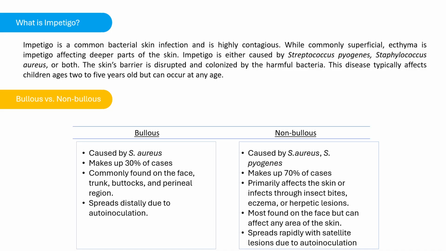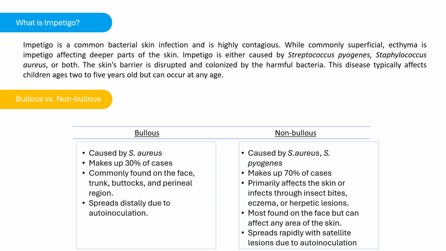Okay, now we have bullous versus non-bullous impetigo. Bullous is mainly caused by Staphylococcus aureus, and it makes up 30% of the cases, and it can be found on the face, trunk, buttocks, and perineal region.